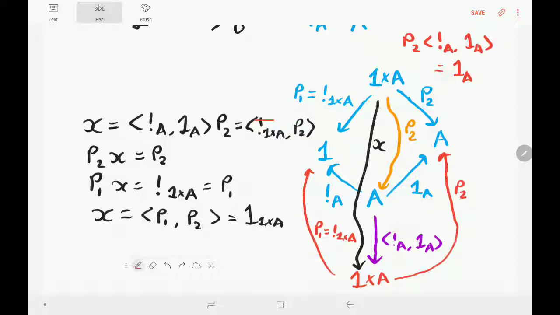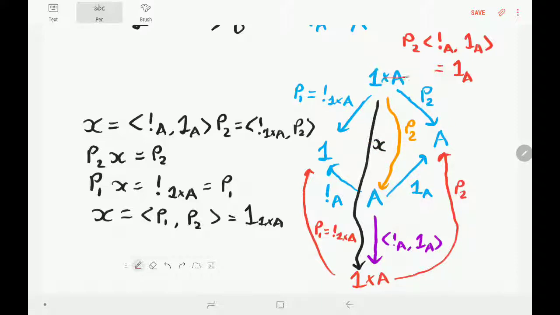So all we want to do now is show that x acts just like the identity. Because if we think about the outside of this diagram, there can only be one arrow from 1 times a to 1 times a, such that p1x is p1 and p2x is p2.